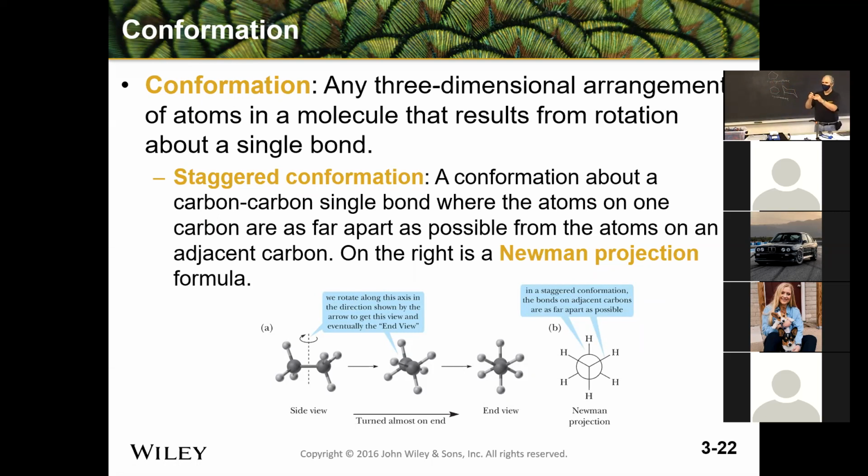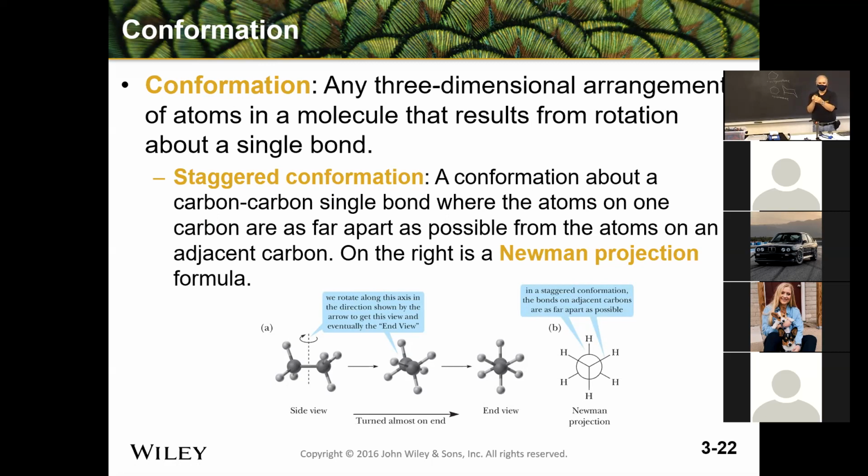Here I have ethane, and as the model accurately shows, we have free rotation about this bond. When the front and back hydrogens are as far apart as they can get, that's called staggered, and that's the lowest energy conformation.